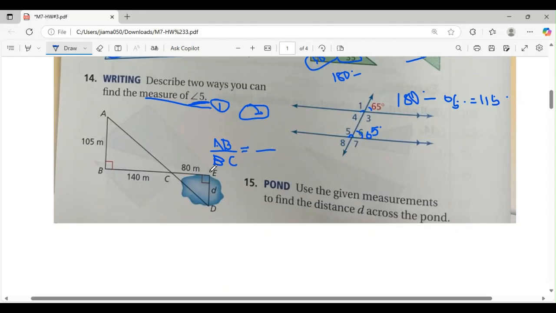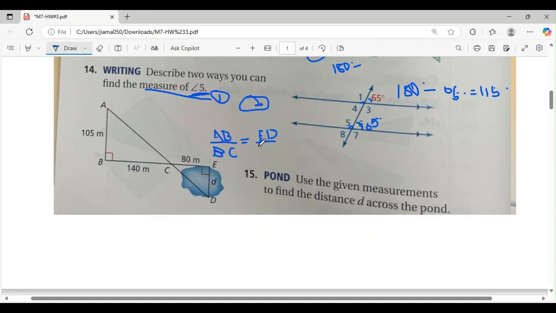Then we can find that the side corresponding to AB is ED. The side corresponding to BC is EC.